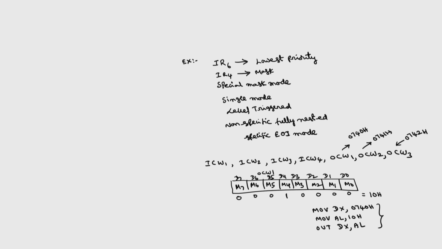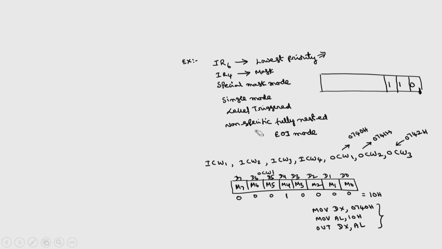Similarly, we can form OCW2. If I form OCW2 here, I want to assign lowest priority to IR6. So these L2, L1, L0 bits will be 6, meaning 110. Then the corresponding mode is non-specific EOI mode, fully nested.